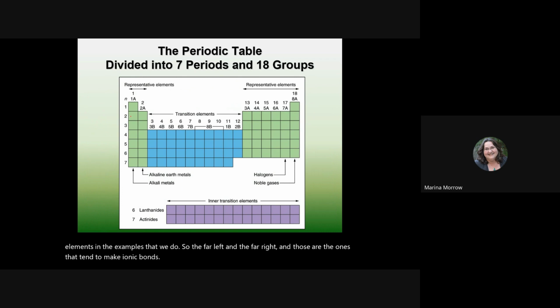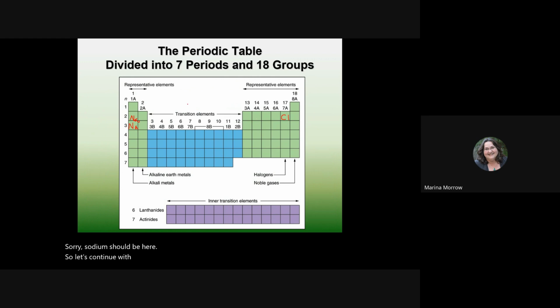And so sodium is going to be found over here, and chlorine is going to be found over here. Okay, far left and far right. Sorry, sodium should be here. So let's continue with this.